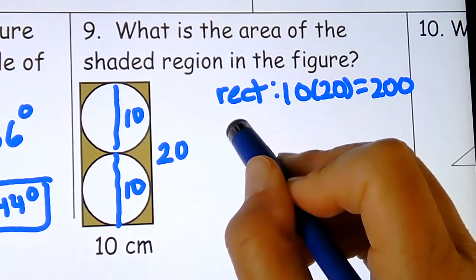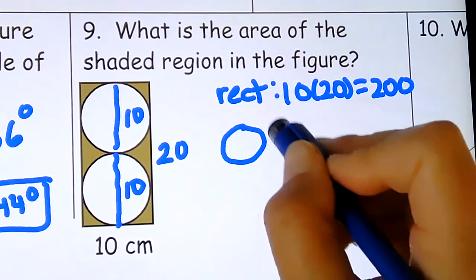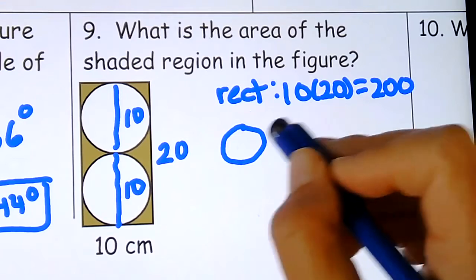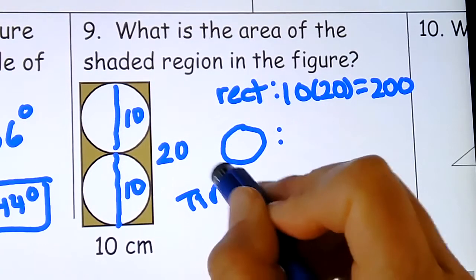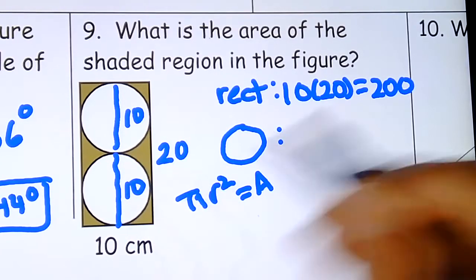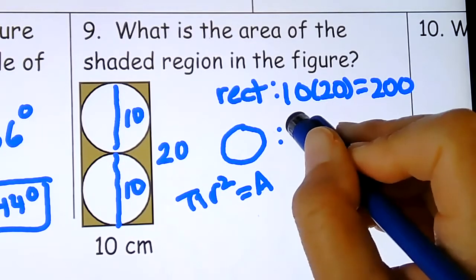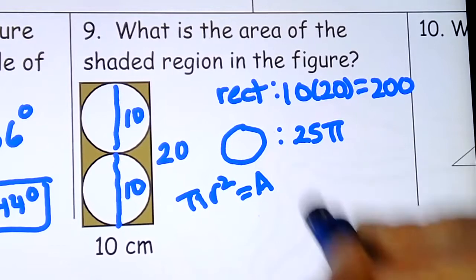My circle, one circle, it's 10 going across, but my area formula is pi r squared. So if this is 10, my radius is 5, and 5 squared is 25, so 25 pi. That's one of them.